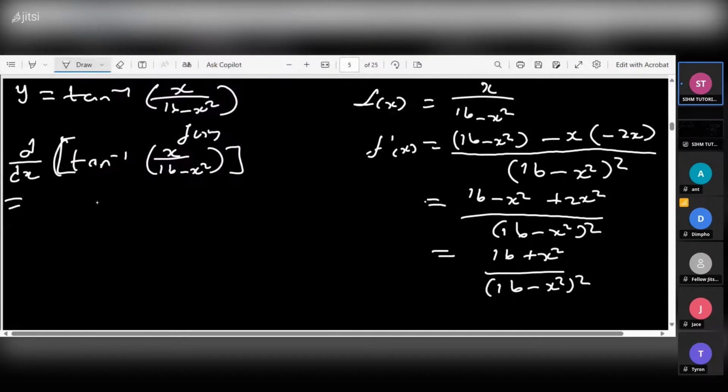So our derivative is going to be (16 plus x squared) divided by (16 minus x squared), and then all squared.